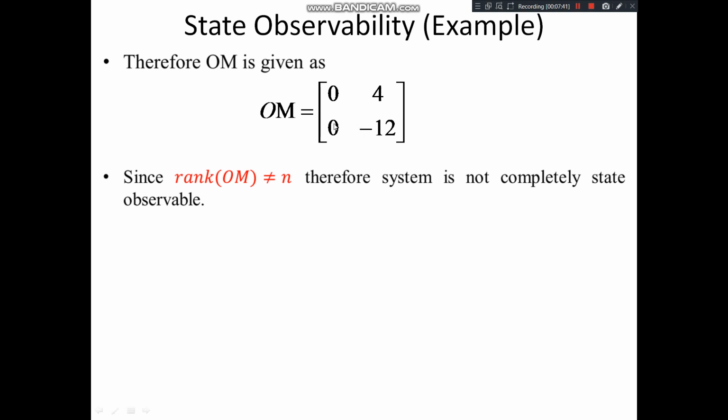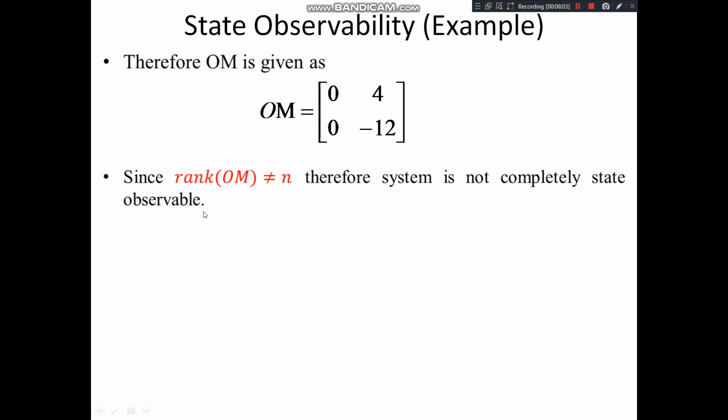When we get the determinant of this observability matrix, it is equal to 0, which represents that the rank of this observability matrix is not equal to n, that is 2. The rank of the observability matrix is less than 2, therefore the system is not completely state observable.